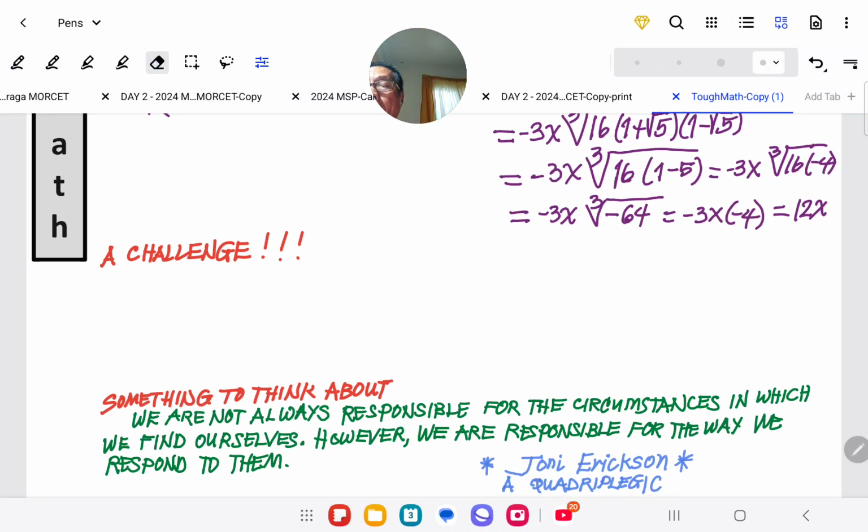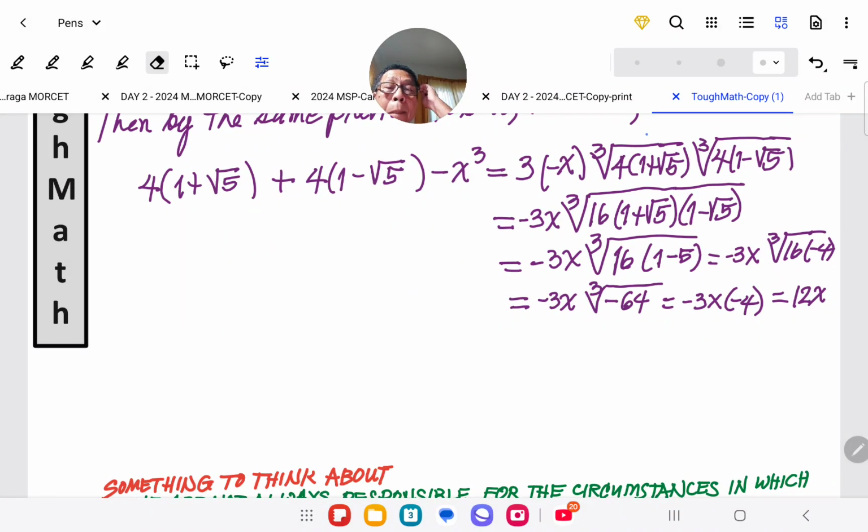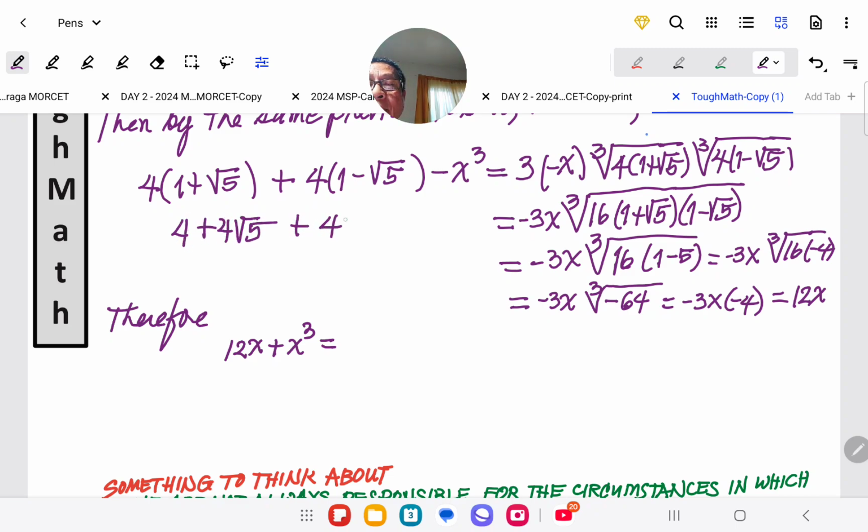Therefore, x + x^3 is equal to this one here: 4 + 4√5 + 4 - 4√5.